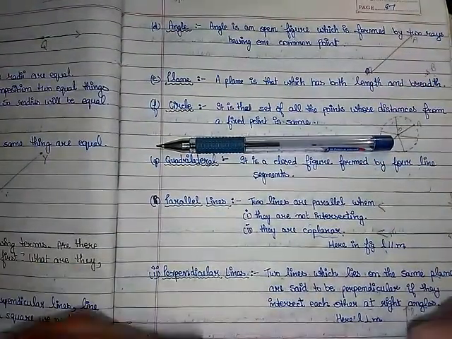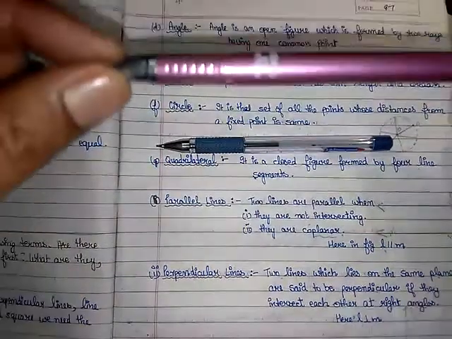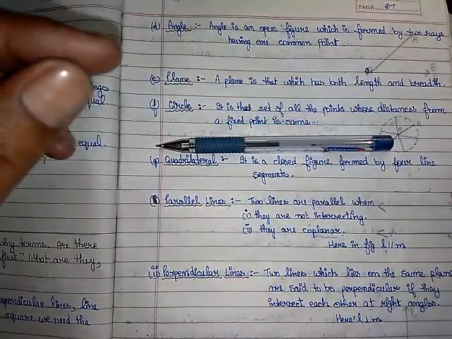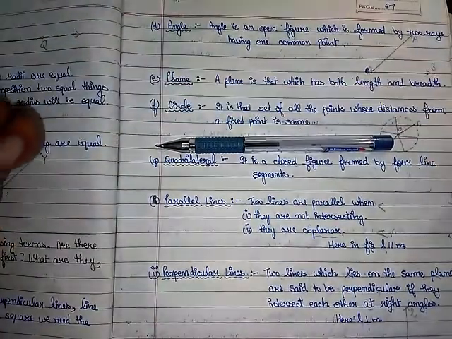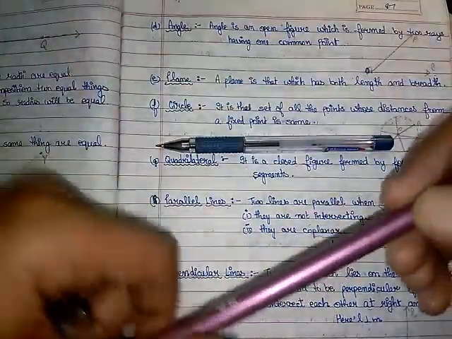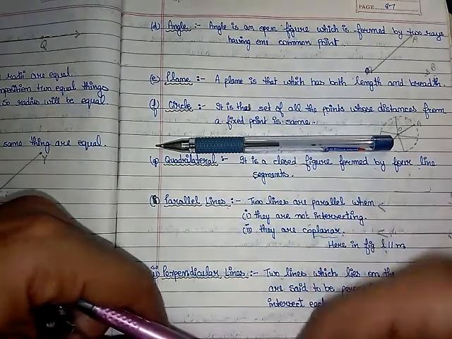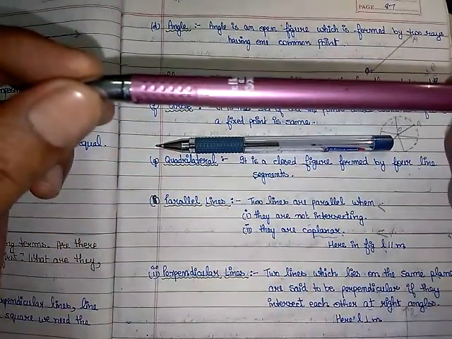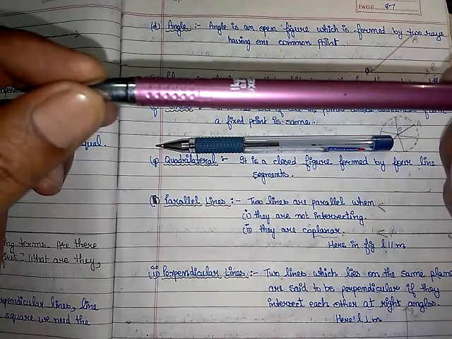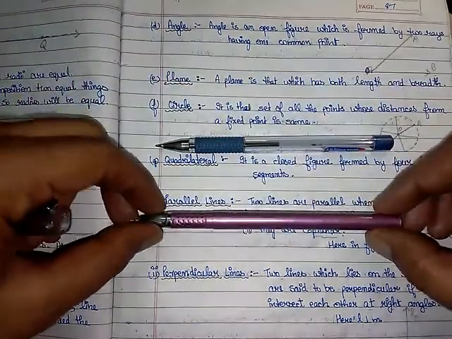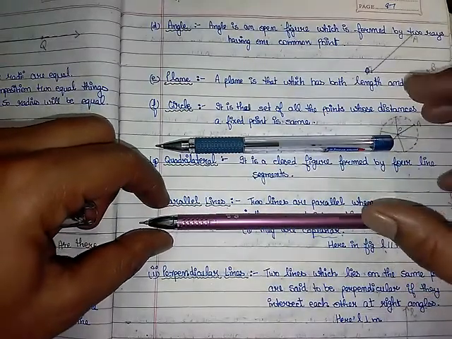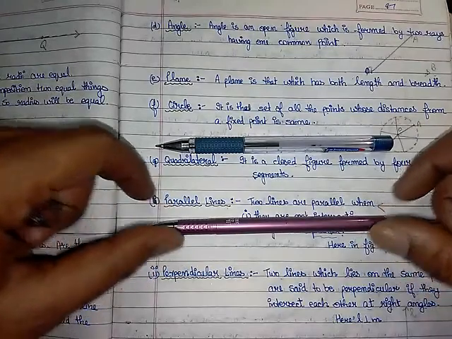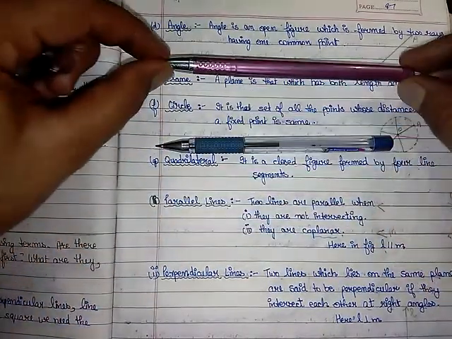Now I am holding this pen in my hand, and it is in another plane. Can you say this line will be parallel to this line? Can you say? No. So what is the condition for that? The lines should also be coplanar, then only can you say that the lines are parallel. They should be in one plane.